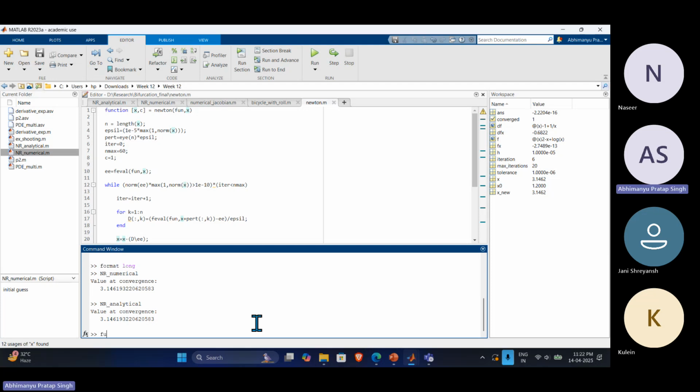So let us create a function, and some other function.